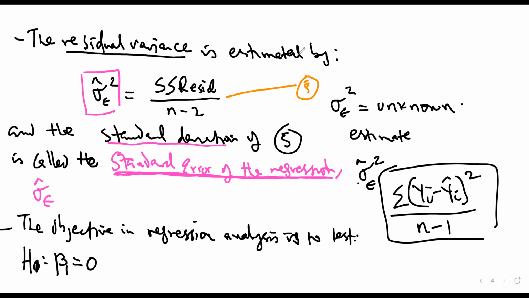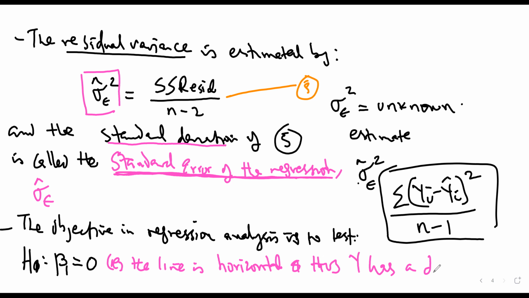In other words, we're saying that if the line is horizontal, and thus y has a distribution that is the same, or that does not change whatever the values of x, then we're trying to test the hypothesis that x has no effect on y.